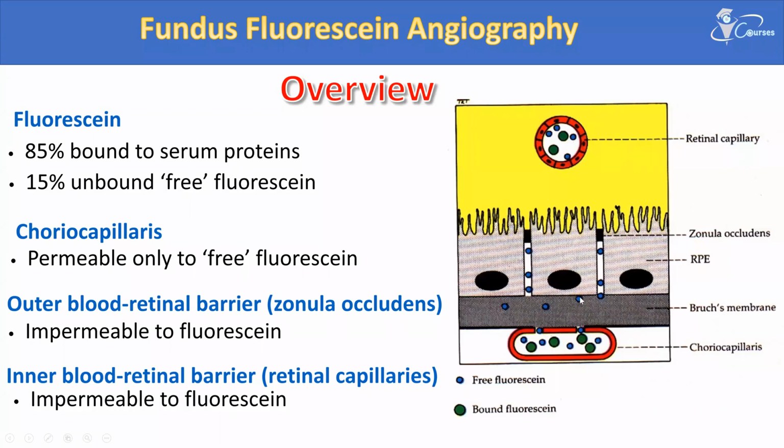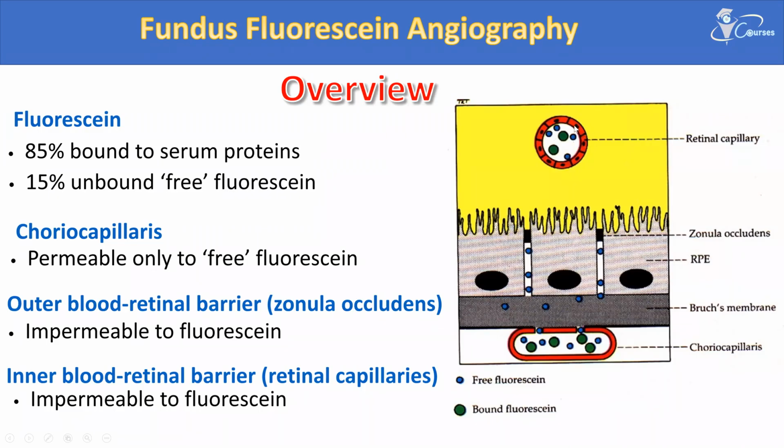As it goes through the retinal circulation, it will encounter what is called the blood-retinal barrier. The blood-retinal barrier is composed of an outer barrier and an inner barrier. The outer barrier is the retinal pigment epithelium, with tight junctions between the retinal pigment epithelial cells, and this does not permit free flow of the fluorescein molecules.